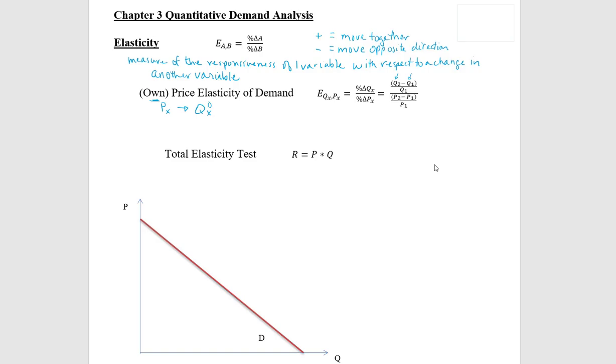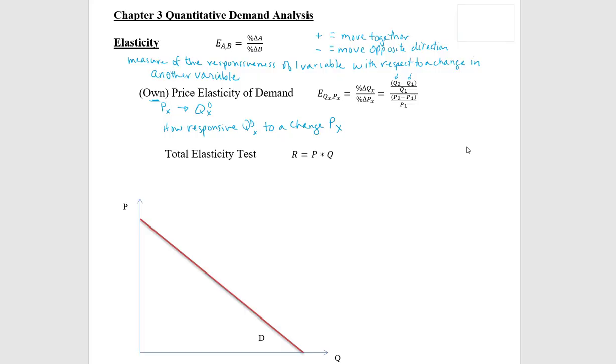And we'll do a couple of examples of this to make sure that you are comfortable with how this works. And then the price where you end up minus the price where you started over the price that you started at. This is really a measure of how responsive quantity demanded is to a change in the price of the good itself. In other words, if the price goes up by 1%, what percent does the quantity demanded go down by? That's what the elasticity is going to be able to give us.